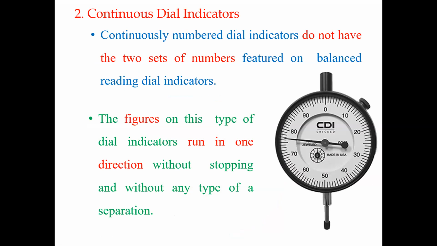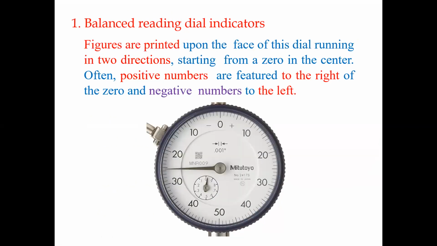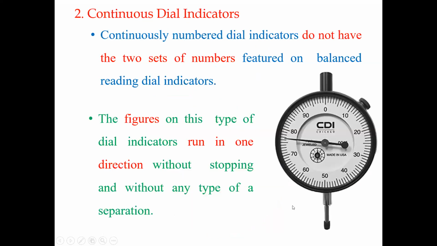Continuous dial indicators. On the previous slide, we discussed balanced reading dial indicators. Here, half is positive, half is negative. But in the second case, continuous dial indicators, the figures are marked continuously without any break: 0, 10, 20, 30, 40, 50.